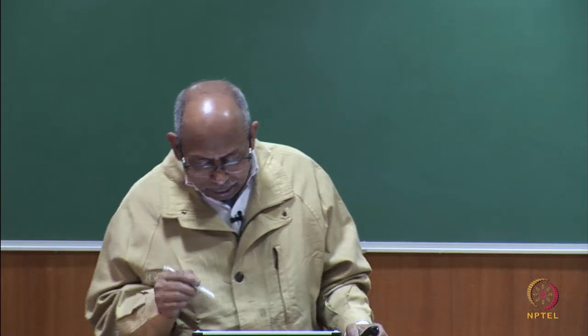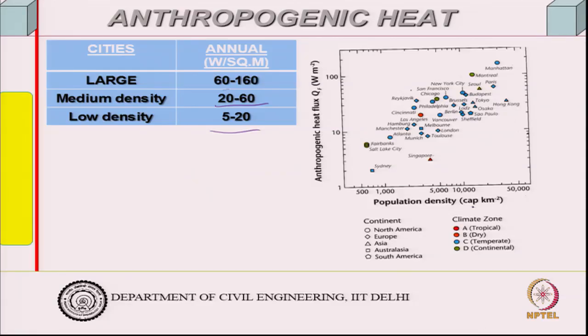This is typically per capita, population density in terms of persons per kilometer square, and if you have high population density, anthropogenic heat flux is high. This is somewhat for the American case, where they had data available. It may not match the Indian scenario, because we do not use as many vehicles as they do, but you can see that where the population density is high, this value is also high.